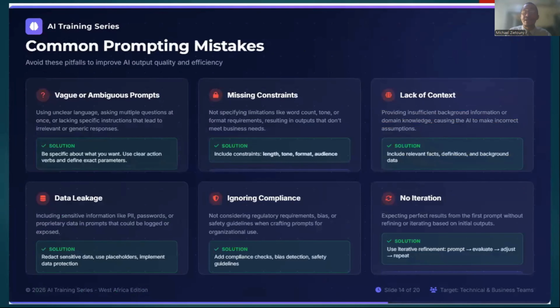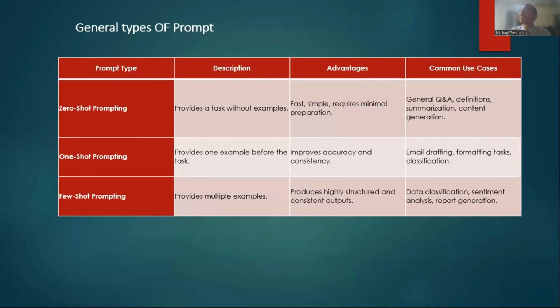We are just doing a recap on this, and the common mistakes that you make, and you need to try to avoid them, because we also saw tangible solutions for them. Today we want to address some major types of prompt engineering. We have zero-shot prompting, one-shot prompting, and few-shot prompting.